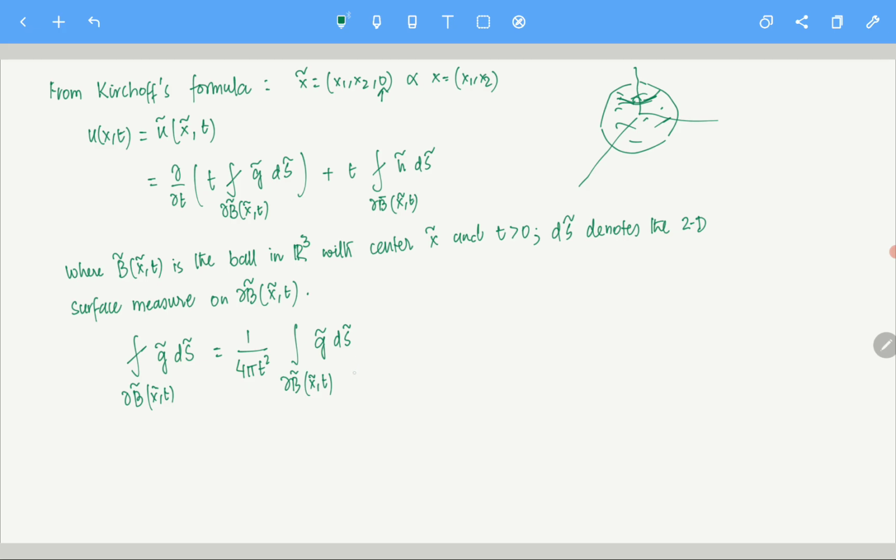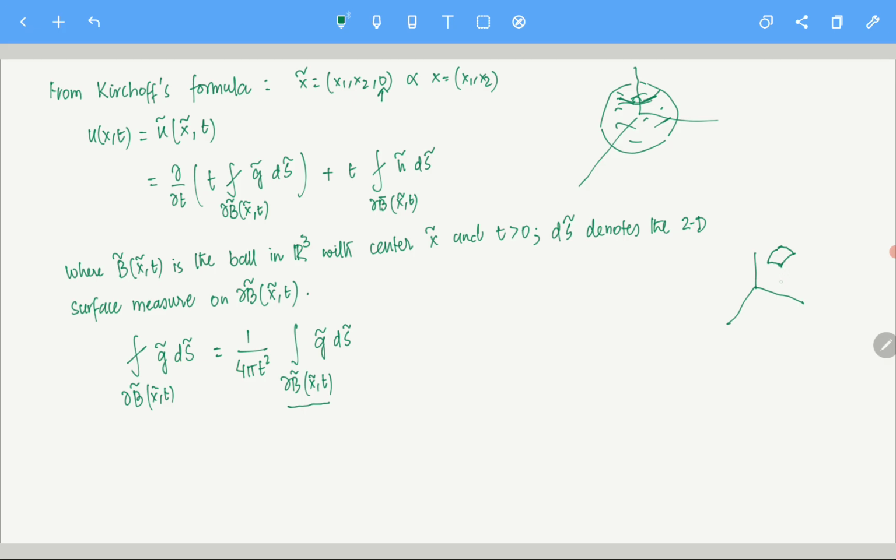Okay, so see here, what I am doing is this. This is on the surface of the sphere, del b tilde x tilde t. You can think of it something like this: a sphere, a surface of sphere, a small unit part of this. Forgive my drawing, I am not very good at it, but this is a part of a sphere, a small part del b tilde in the 3 dimension sphere.